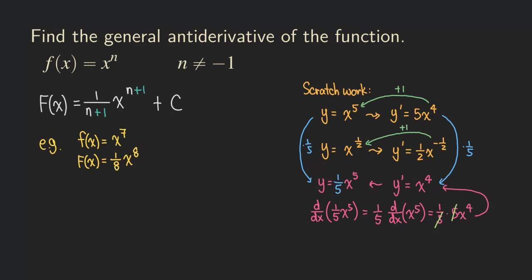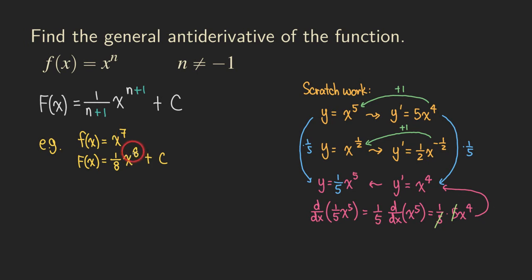So that's why I asked you to leave some space, because we gotta multiply this x to the 8 by some number. And then, of course, we can put the constant. Okay, so that's pretty easy, right? One thing that I really want to point out is that when we do this, make sure that you add the 1 to the power first.